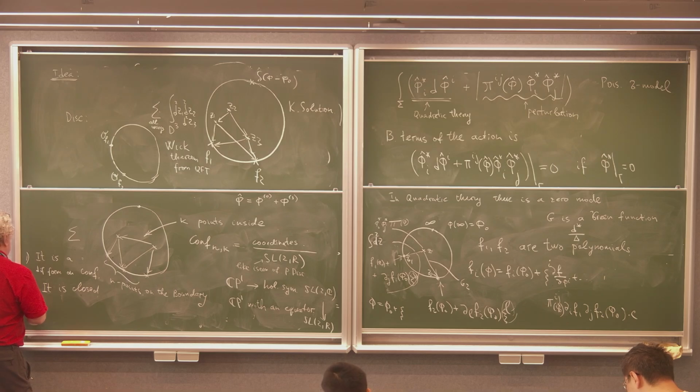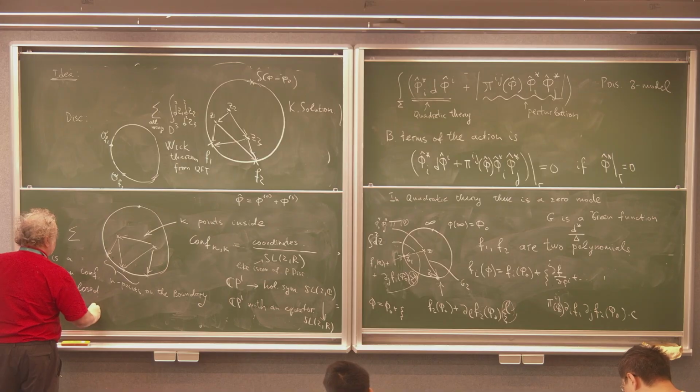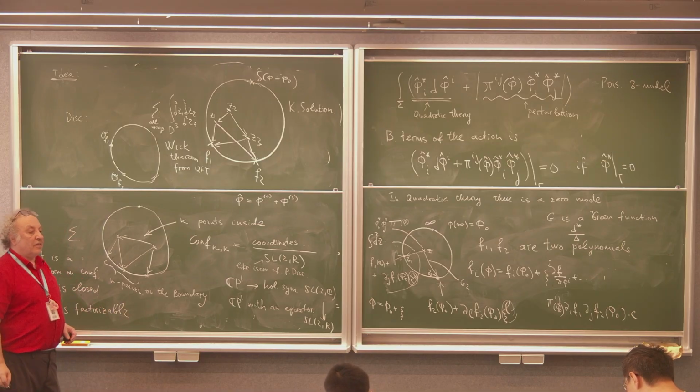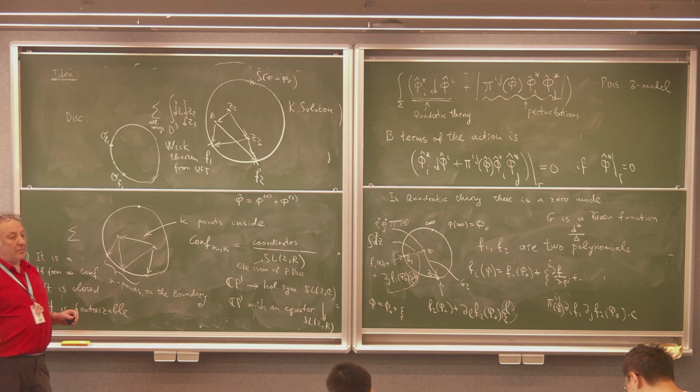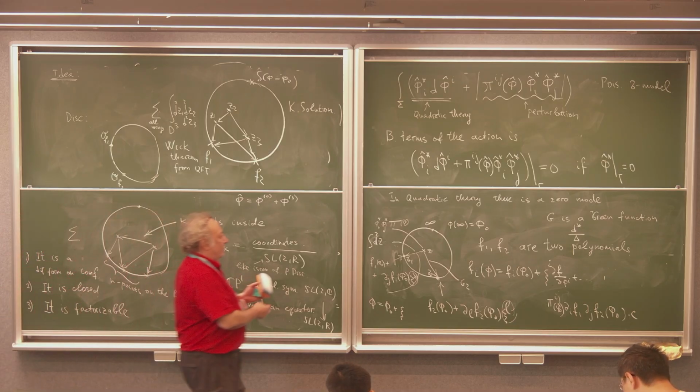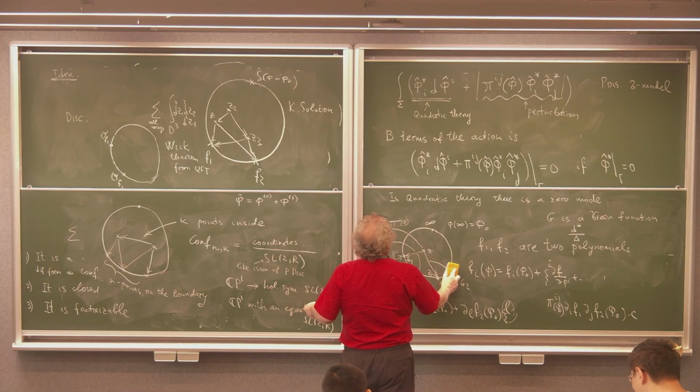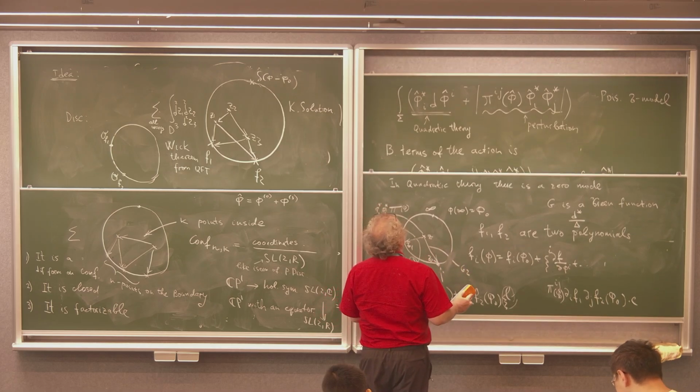Property number 3: it is factorized. Factorizability is a fundamental property of quantum field theory. I will not prove it; in the mathematical paper of Kontsevich it was proven. But factorizability means the following.